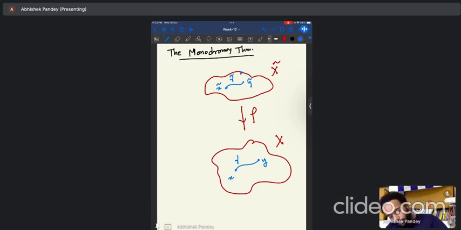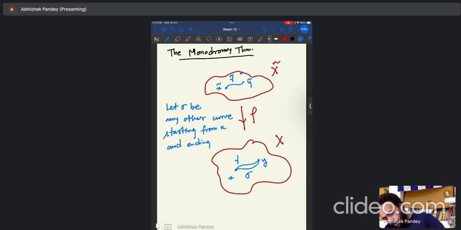So the question is, if you take any other curve, let us say sigma, let sigma be any other curve starting from x and ending at y.